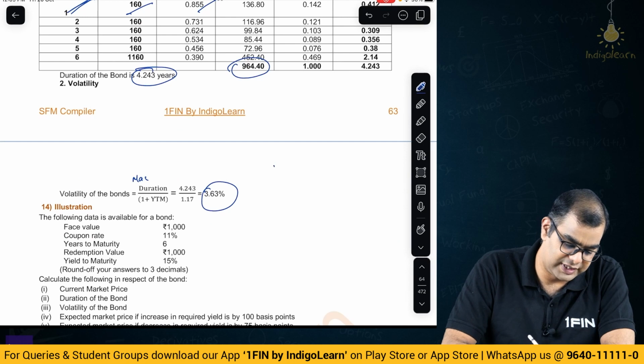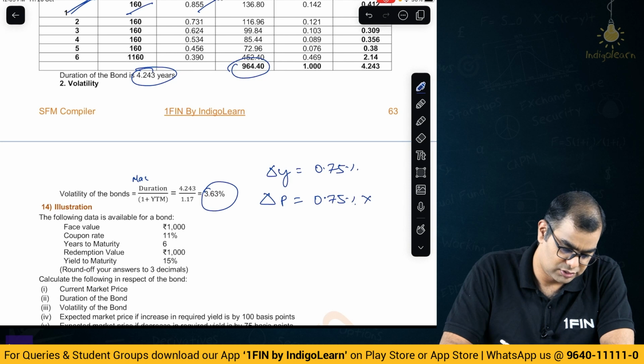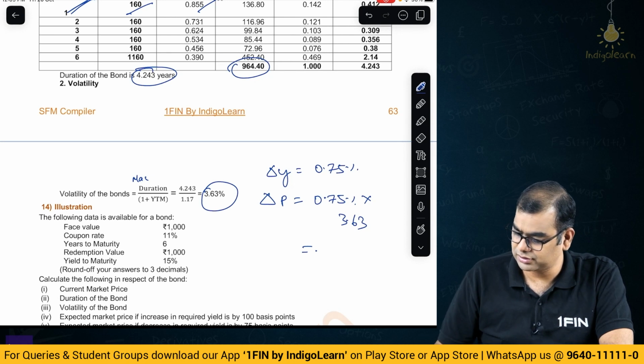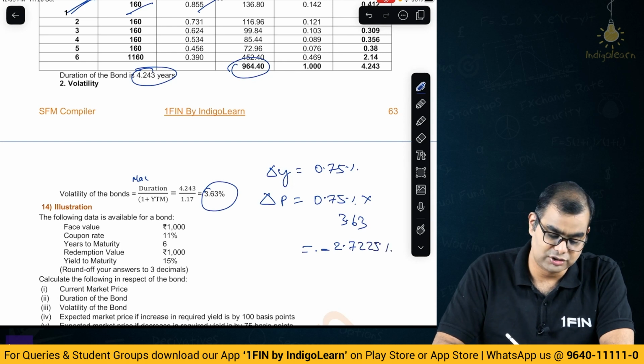So, if delta y is equal to 0.75%, then delta P is equal to 0.75% into 3.63, which is 2.7225%, but this is minus. So, why?